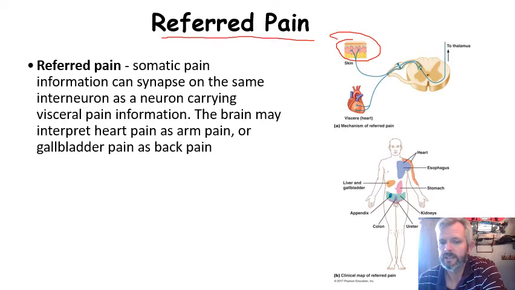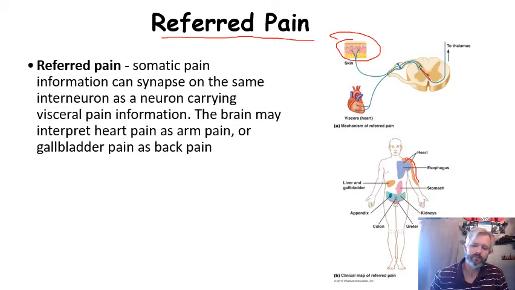say this is the skin region, sensory neurons that are located in this left part of the arm. These pain receptors for the heart are going up and they're synapsing on a common neuron. Remember, the brain can only perceive the information it's getting.